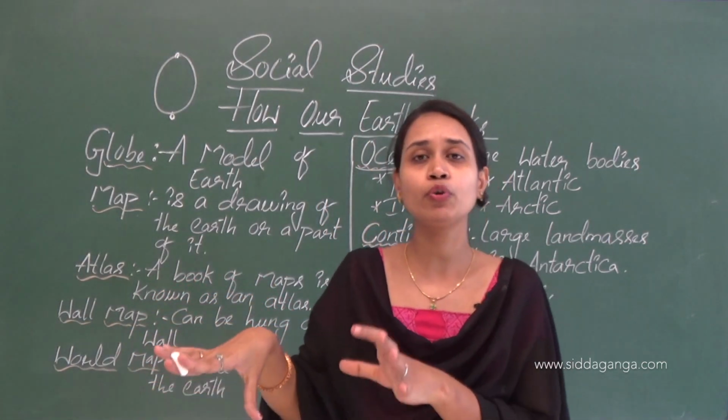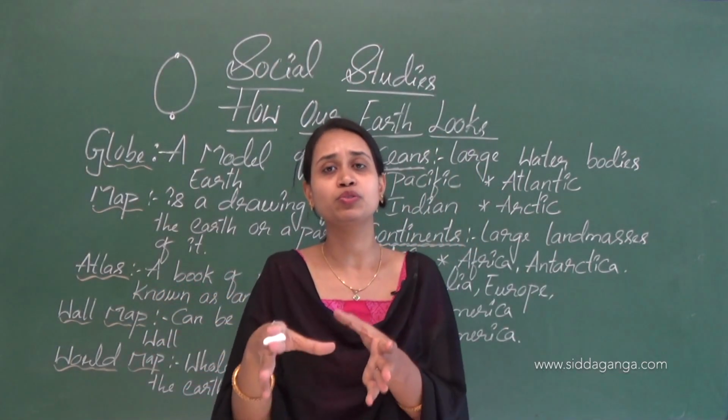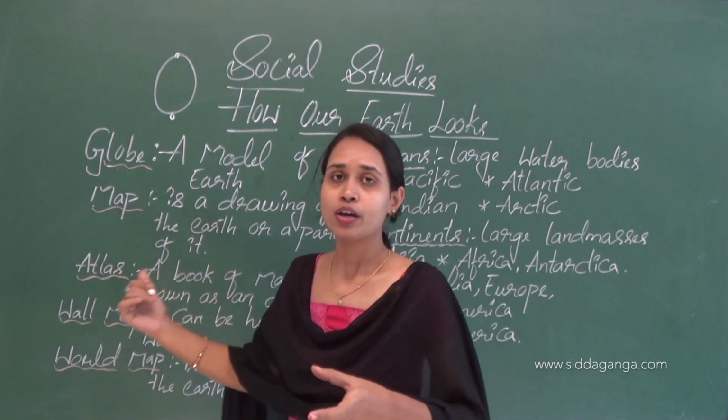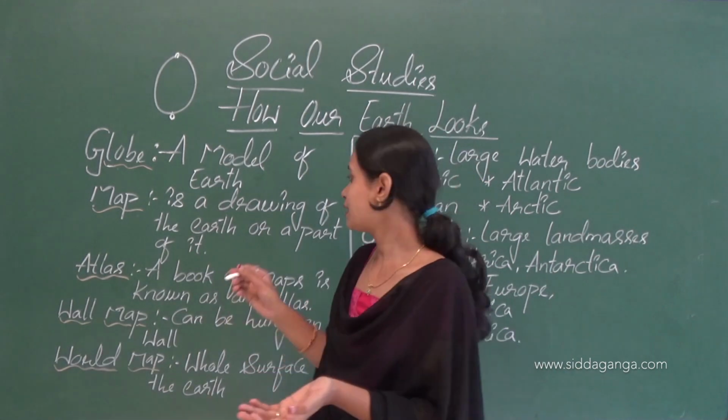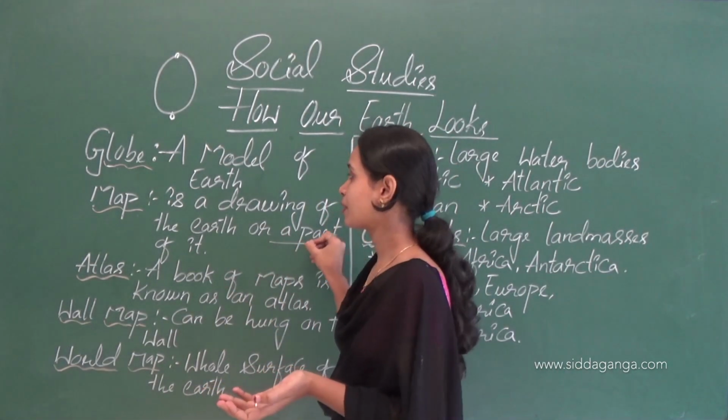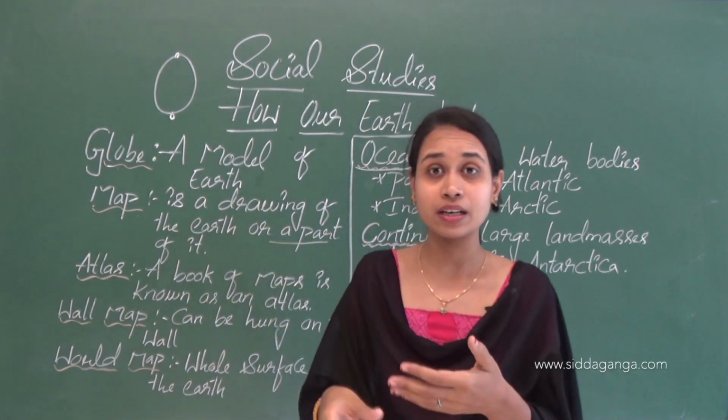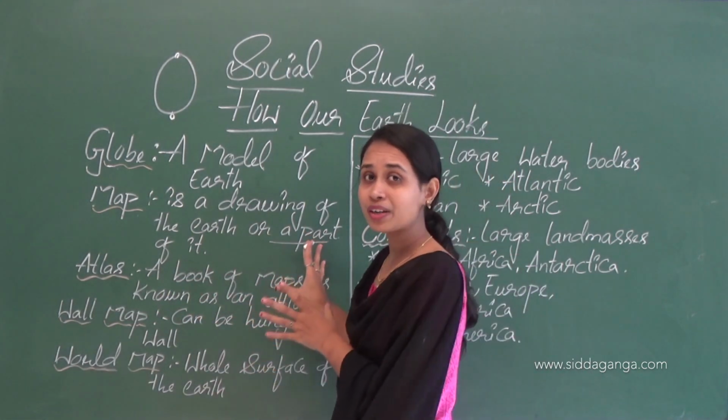For example, if you want an India map, you can choose the India map here. If you want an American map, you can choose the American map. It is a part of it. It is not the complete Earth, just a part of it.